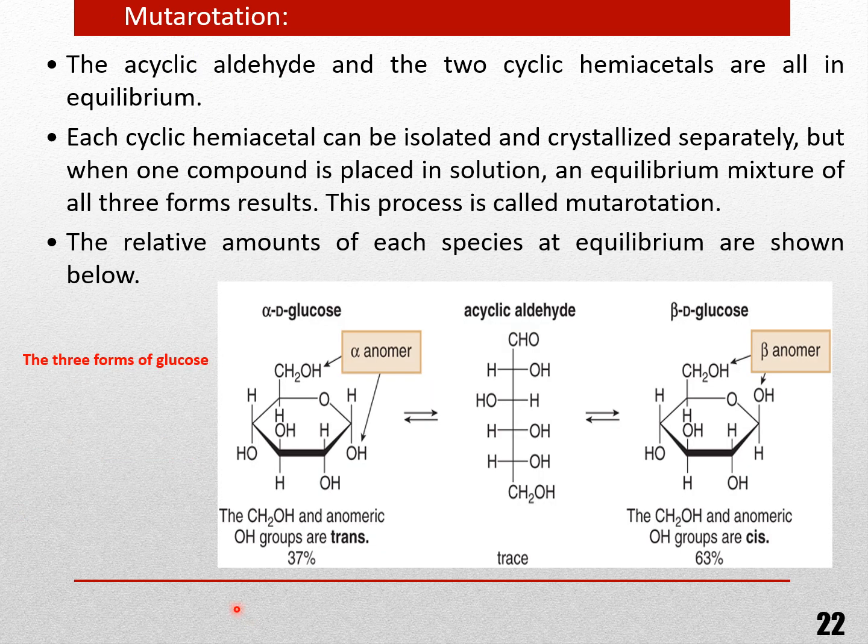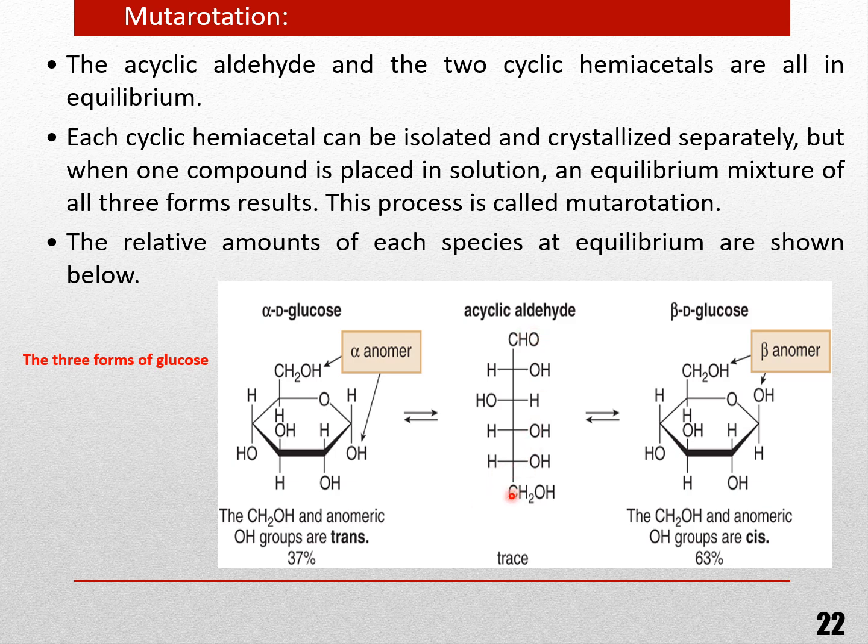Now we have the other terminology referred to as mutarotation. So what is this mutarotation? To get into describing this mutarotation, you have the example of glucose whereby it can be in three physical forms: alpha D-glucose, beta D-glucose, and also the acyclic aldehyde.